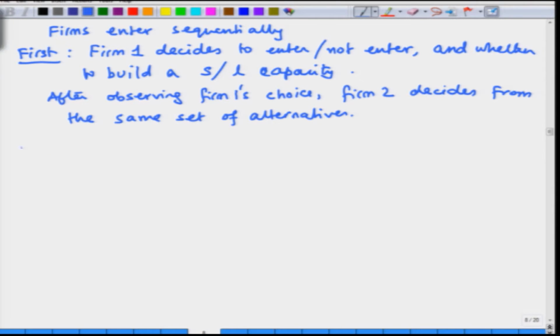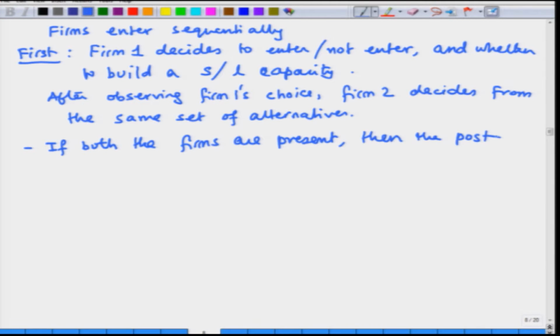Now, in stage 2, if both the firms are present, then they play Cournot, the post entry competition. So, this is the second stage, which is the Cournot stage, and the first stage is the capacity choice of firm 1.